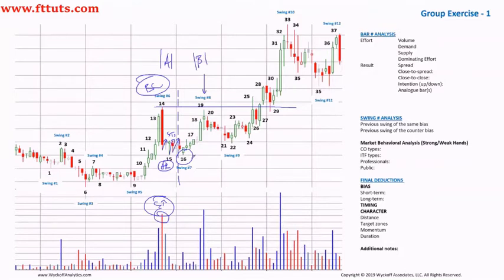Okay, so Ronnie, if we are in phase B, then 16 would be labeled as secondary test. We're testing the levels of supply at the level of support. Okay, great. And then point number 19 in phase B could be labeled as what?